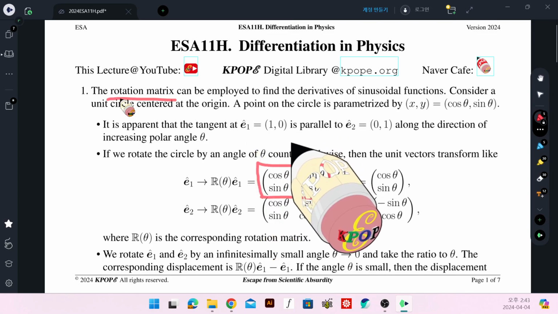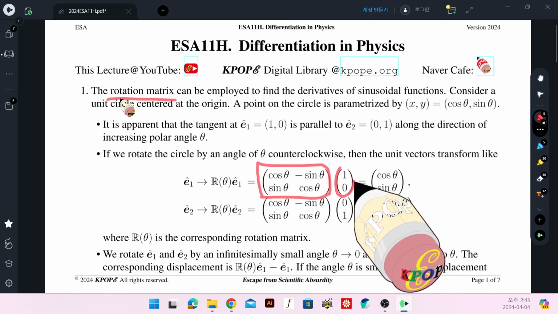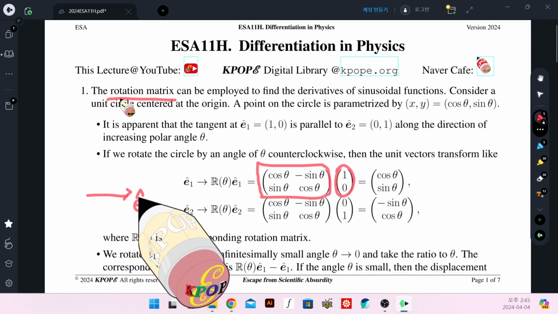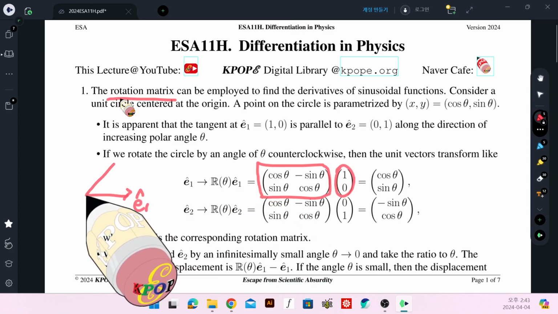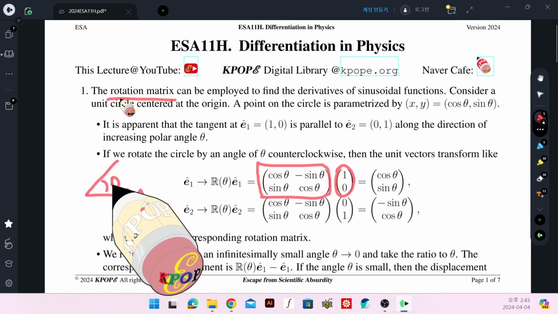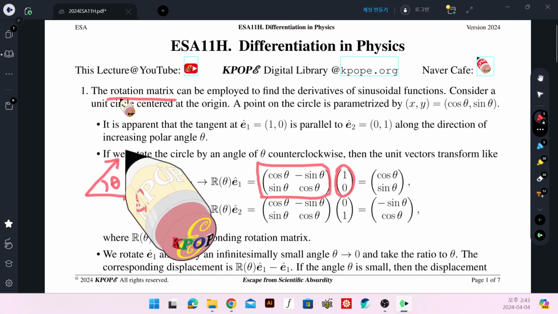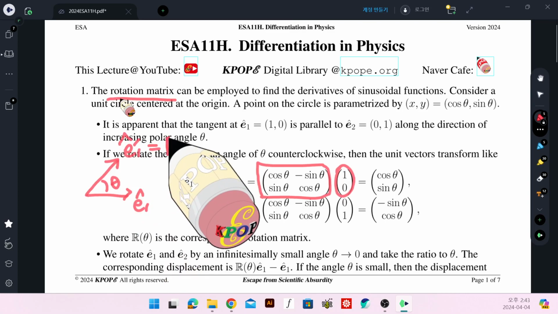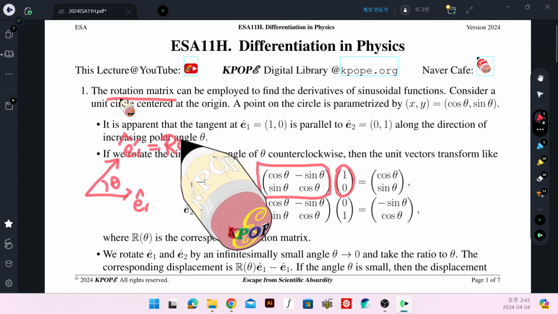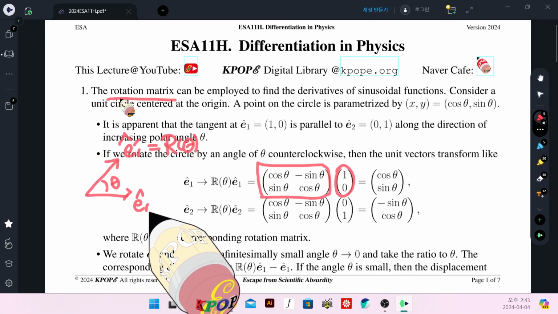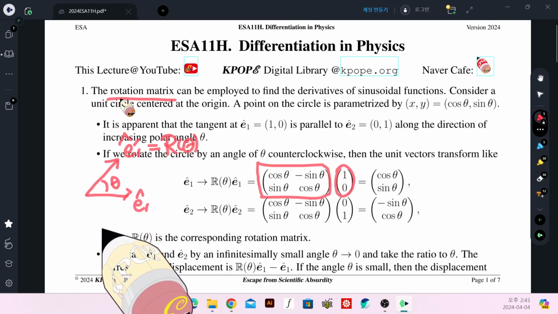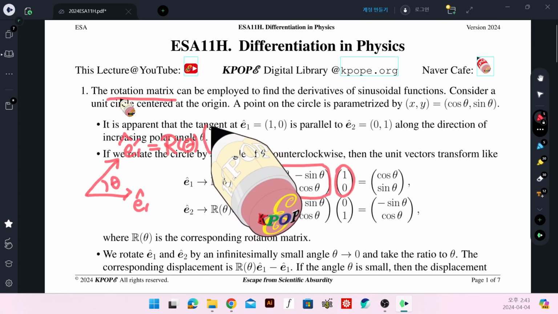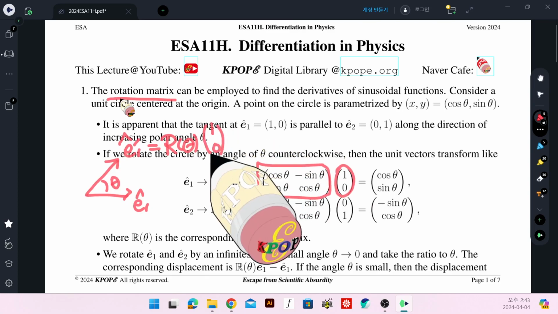Let us consider the rotation of a unit vector along the x-axis, E1 hat. After rotation by an angle of theta, it becomes E1 prime, and that is R theta multiplied by E1 hat. If we make use of the matrix representation, it becomes (1, 0).